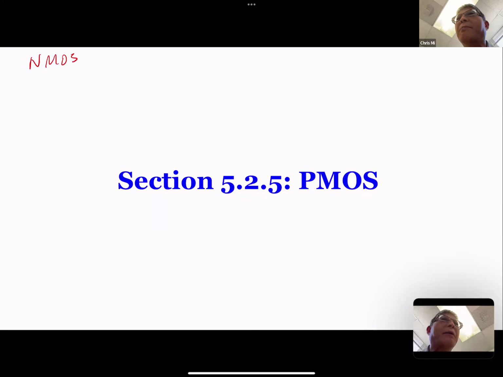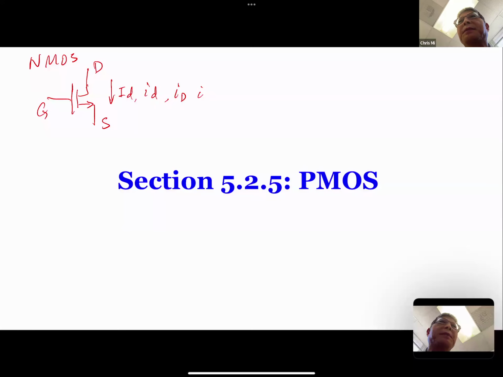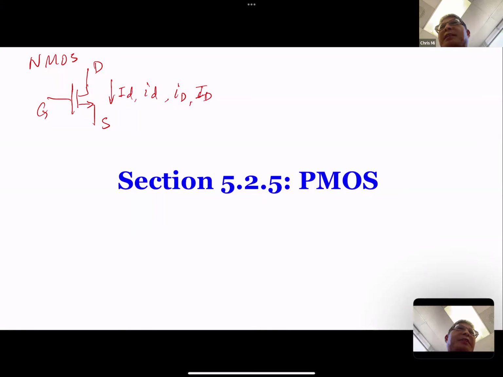Well, first of all, the NMOS circuit symbol looks like this, and you have G, you have D at the top and the source at the bottom. The current through that is sometimes written as lowercase, sometimes capital ID. The different symbols actually have different meanings.